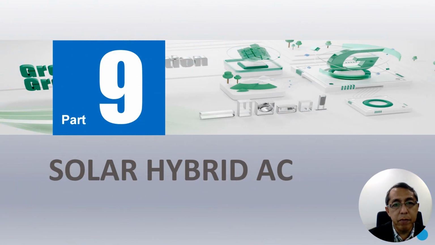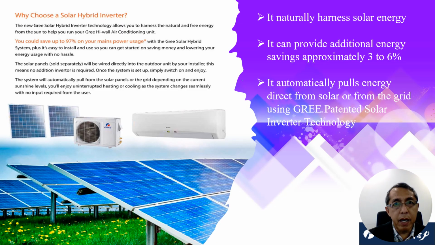For the solar hybrid AC, so why do you want to choose a solar hybrid AC? Because it naturally harnesses solar energy. It can provide additional energy saving of approximately 3 to 6%. So for commercial applications like the chiller, the additional energy savings are about 6 to 8%.